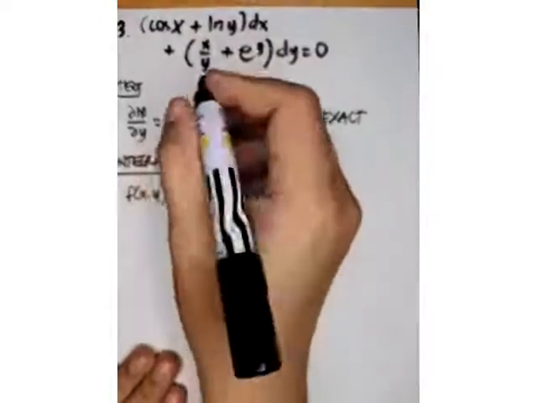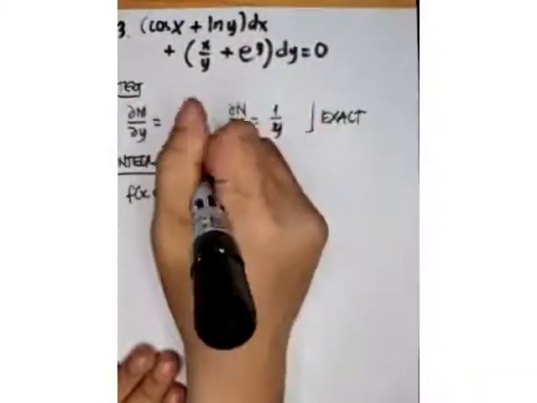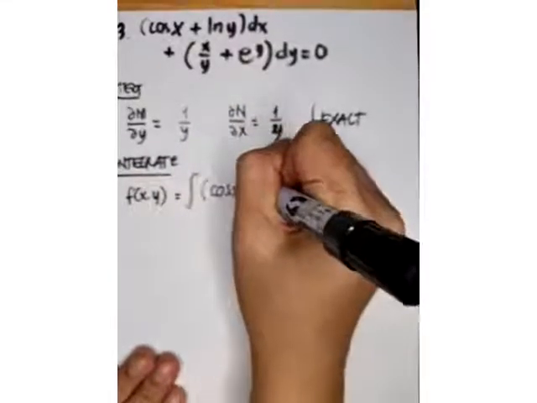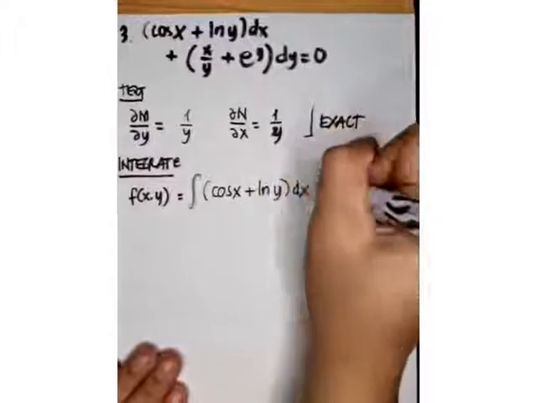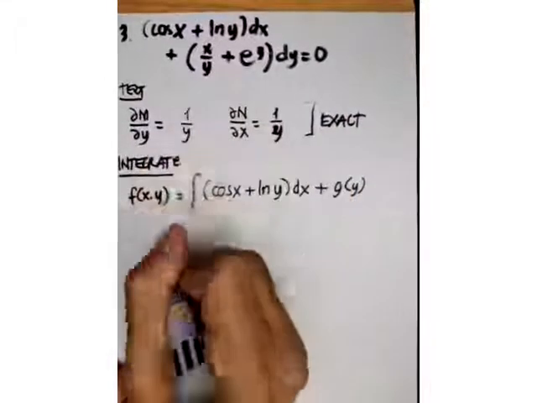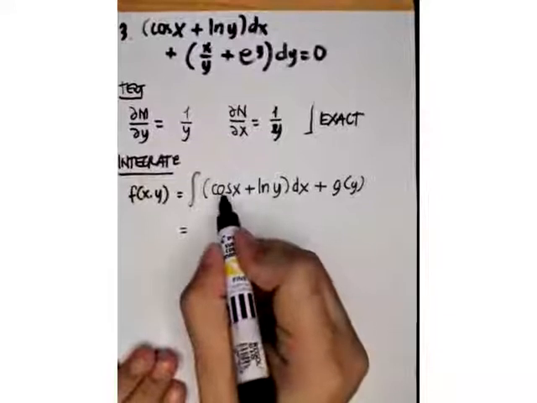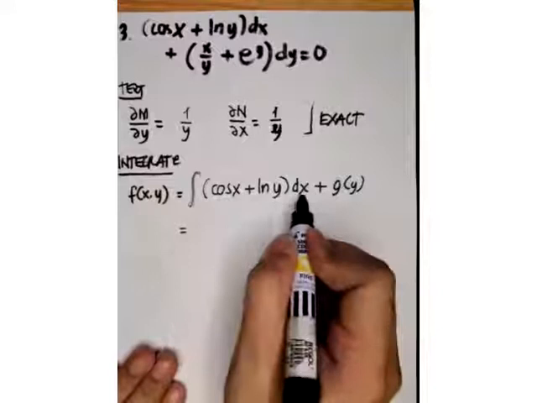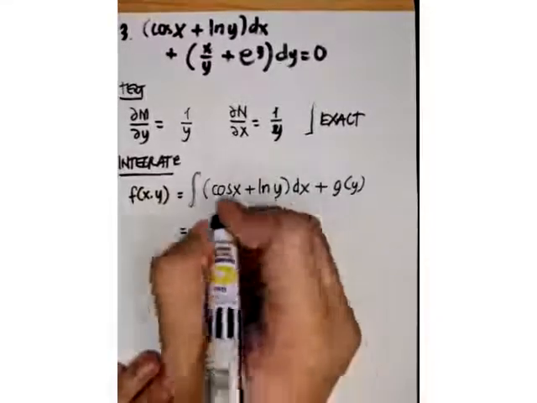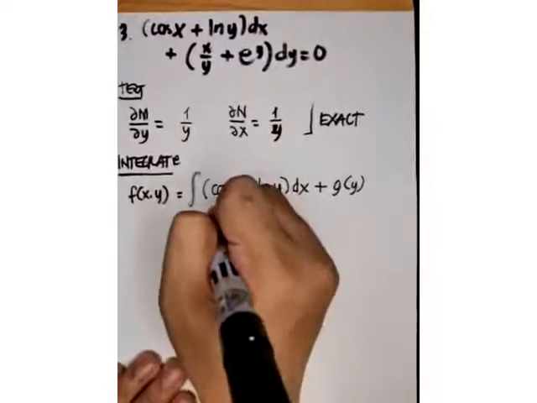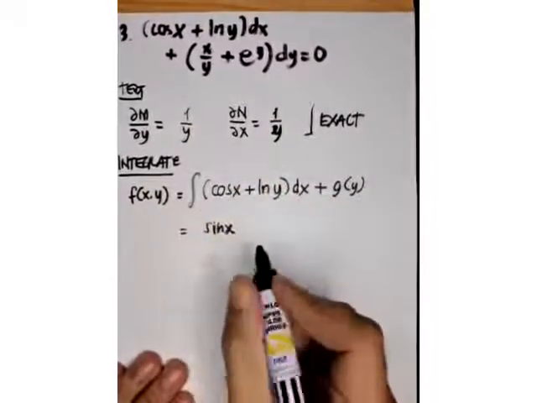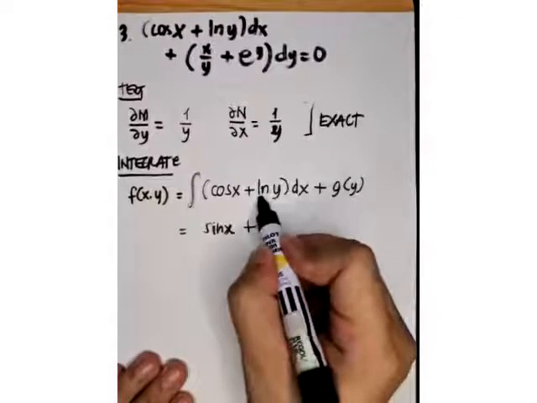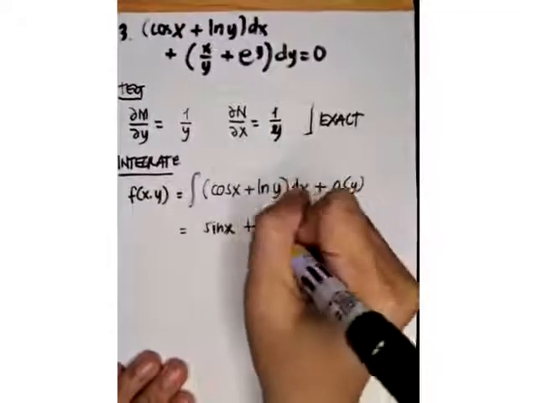So, the integral of cosine x plus ln of y dx plus g of y. Anong integral ng cosine x dx? Variable yan, di yan constant kasi dx yung ini-integrate natin. So that's equal to sine x plus ln y is a constant, ang ini-integrate lang natin is x.